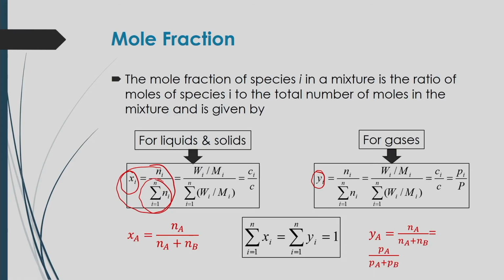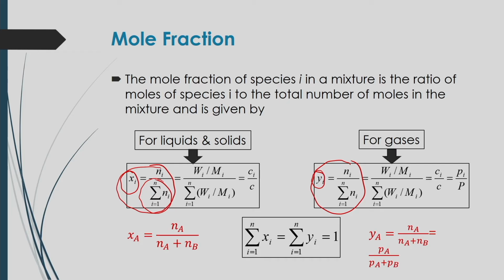Similarly, for the gaseous phase, it is the moles of an individual gas upon the total number of moles of the gaseous mixture, which you can calculate by this equation. You can also calculate the mole fraction for gases from partial pressure.